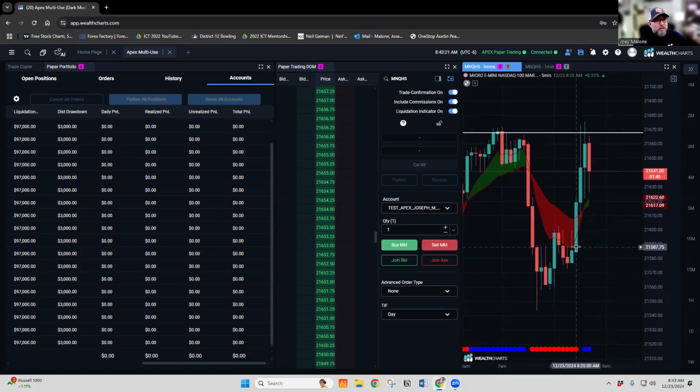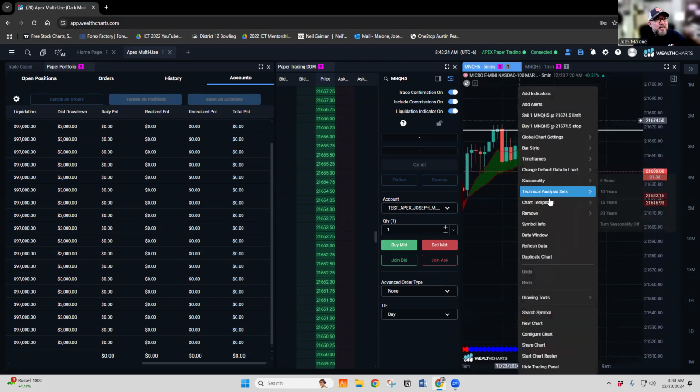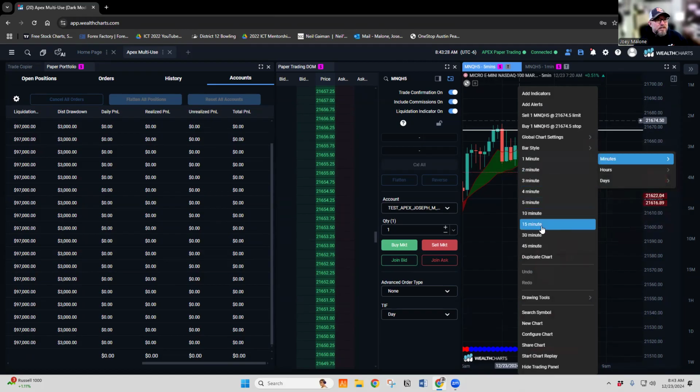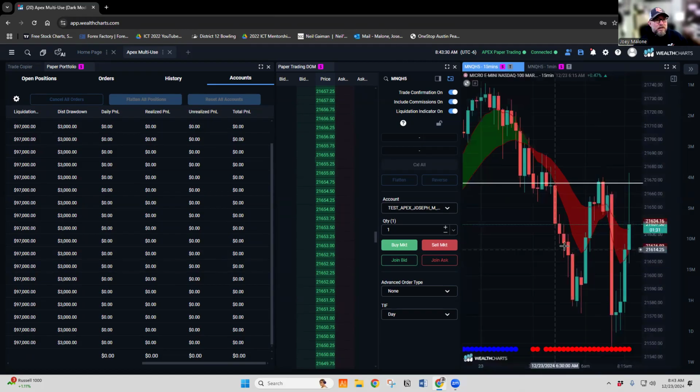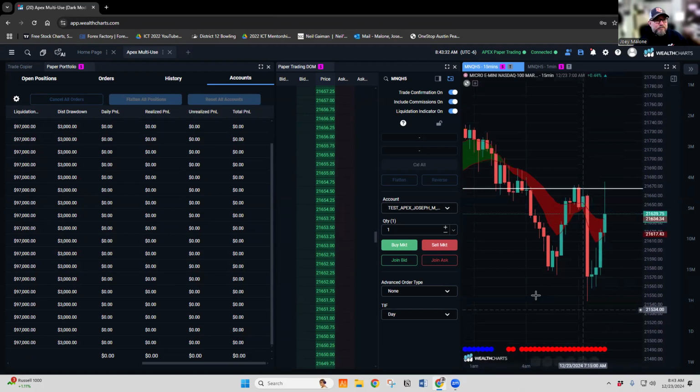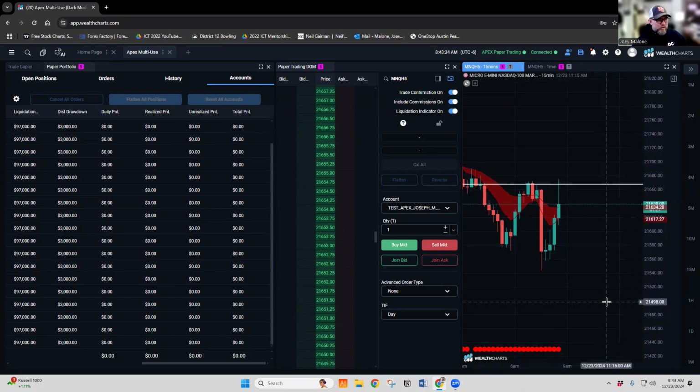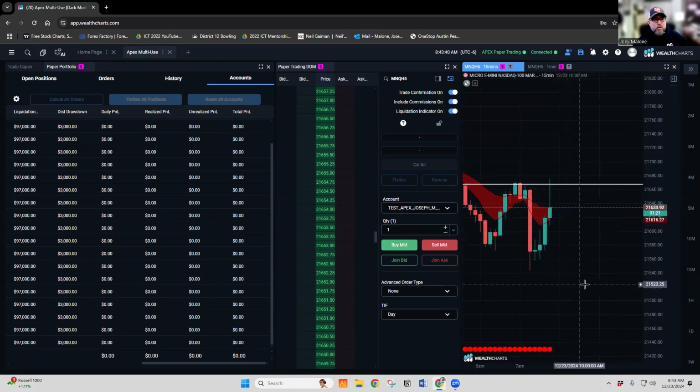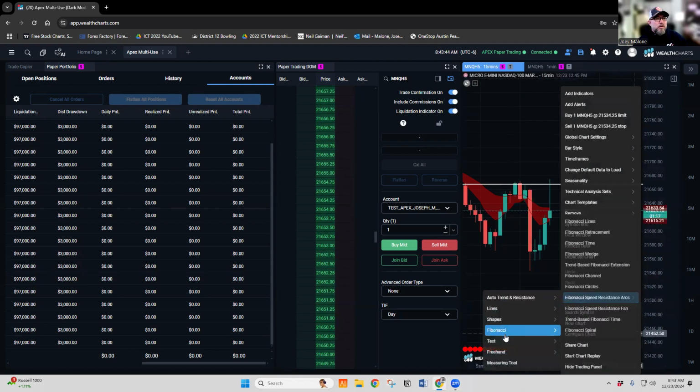Market has opened. The first 15 minutes has already happened. Well, it's about to close, actually. This first 15-minute candle, and the reason I talk about that is some people like to trade the 15-minute open, the 15-minute breakout or breakdown.